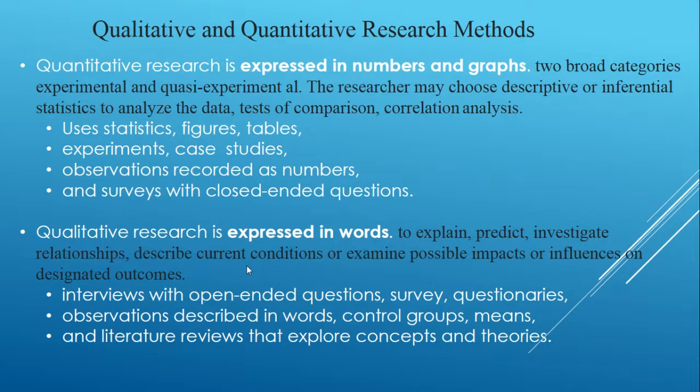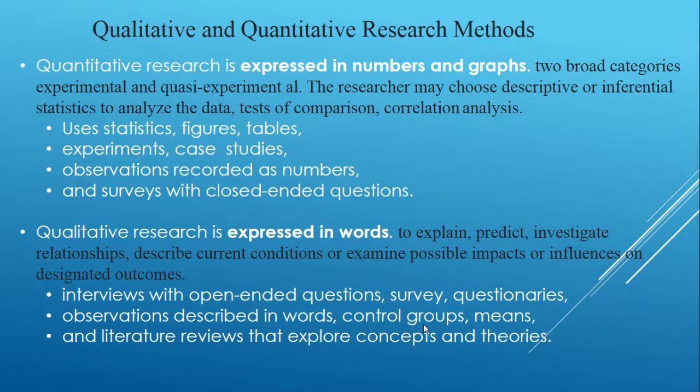You can have surveys. In surveys, you have the random, the median, the mean, the statistical language that you need to be able to talk about your survey also. Your questionnaires, your observations described in words, your control groups. For instance, in medication, you have the control group, which is the group that doesn't get the medication, that gets sugar pills.